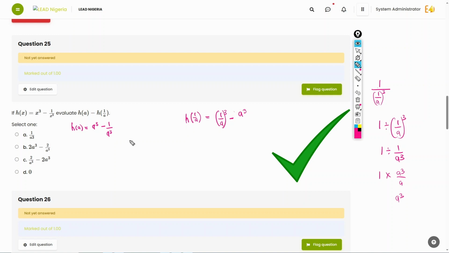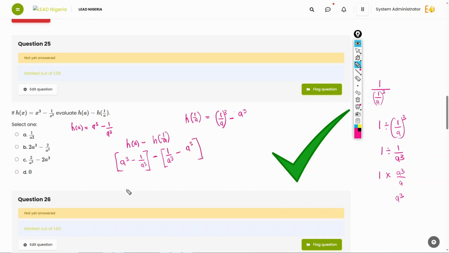Okay, so come back to the H of A minus H of 1 over A is simply what? A cubed minus 1 over A cubed, all of this, minus 1 over A. Hold up. Because this guy just gives me 1 over A cubed, right? So I can just write that 1 over A cubed minus A cubed.